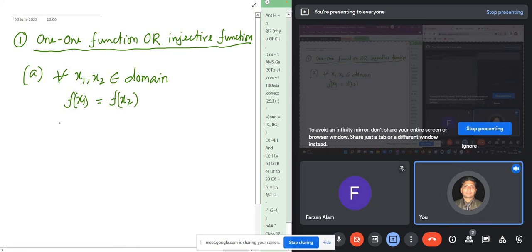So the function will be defined. So f(x1) you can write, f(x2) you can write, and if you can prove x1 equals x2, and here you are considering all elements of the domain. So every distinct element of domain has distinct image in codomain. Therefore, we can say that f is a 1, 1 function.